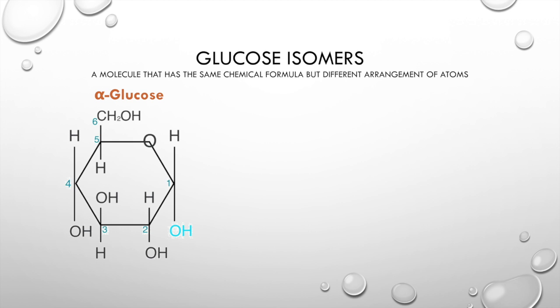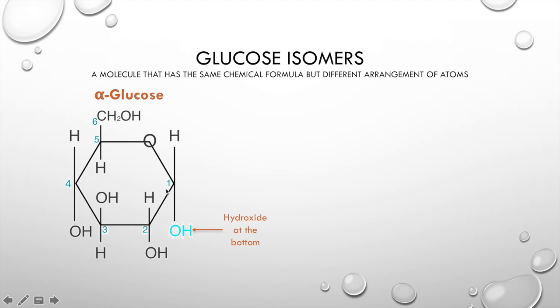And you can see that, in this picture, it's highlighted in a different color, but there's going to be something different between this glucose and the other glucose that has the same chemical formula but a different arrangement of atoms. In this case, this alpha glucose contains the hydroxide on the first carbon. So here's the first carbon since it's numbered, and the hydroxide is located at the bottom.